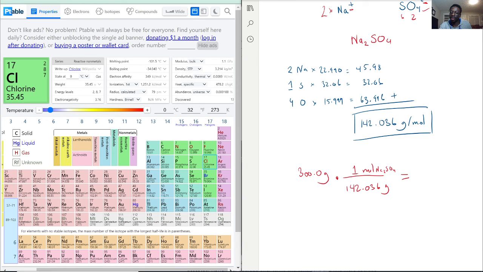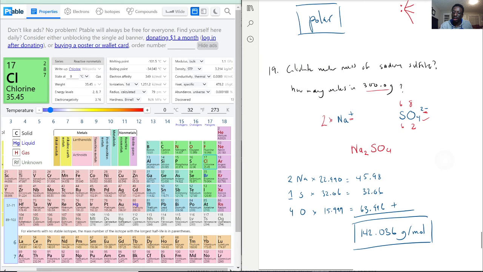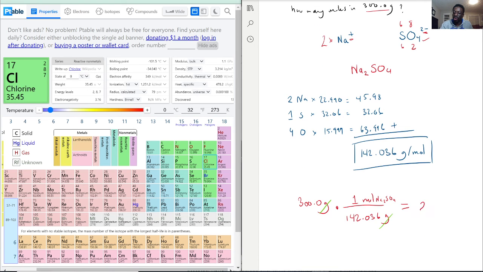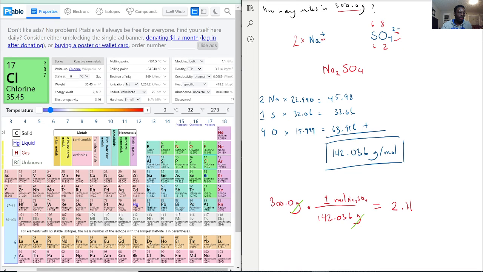You can see here the grams do indeed cancel out, and we get in total 2.11. And here we're going to notice our significant digits. Because they gave us 300.0, we're going to assume they wanted 4 significant digits. So we have 2.112 according to my calculator moles of Na2SO4. So this is what we should get for the moles in 300.0 grams.